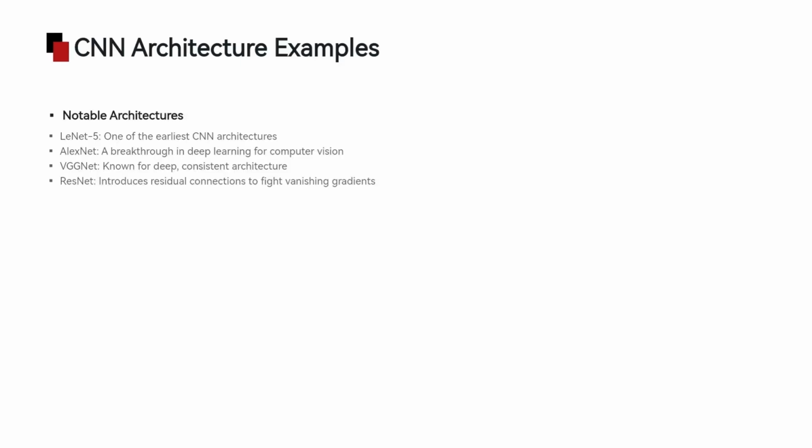Over the years, several CNN architectures have been proposed, each with its innovations that have pushed the boundaries of computer vision tasks. One of the earliest successful CNN architectures is LeNet-5, developed by Yann LeCun in the 1990s for handwritten digit recognition.